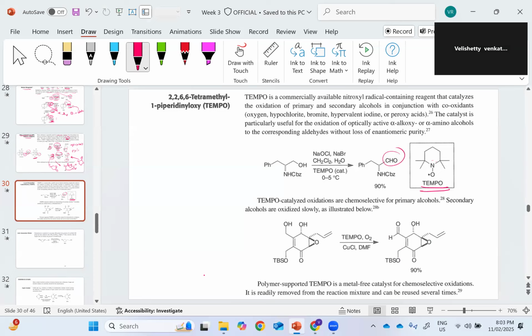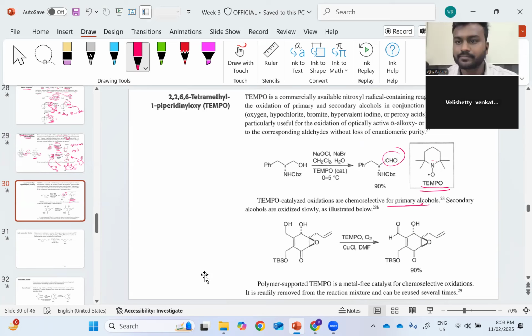So this reagent is also used for the oxidation of alcohol into the corresponding aldehyde, and for chemoselectivity it reacts with primary alcohols. The primary alcohols are highly reactive towards TEMPO, and the secondary alcohol shows some reactivity also, but it shows a slow reaction with the secondary alcohol.